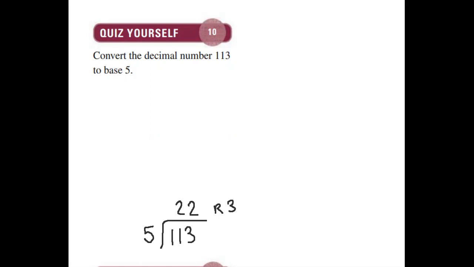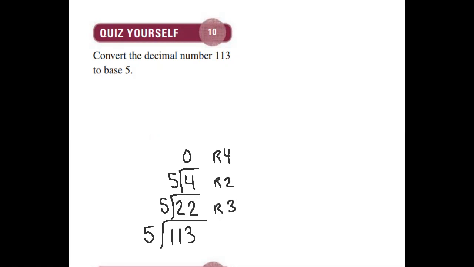So now we'll divide 22 by 5, giving us a 4, remainder 2. Keep track of your remainders, those are going to be important. And 4 is not a 0, so we'll keep dividing until we have a quotient of 0. Remainder 4. Now we have a quotient of 0, we can stop dividing.